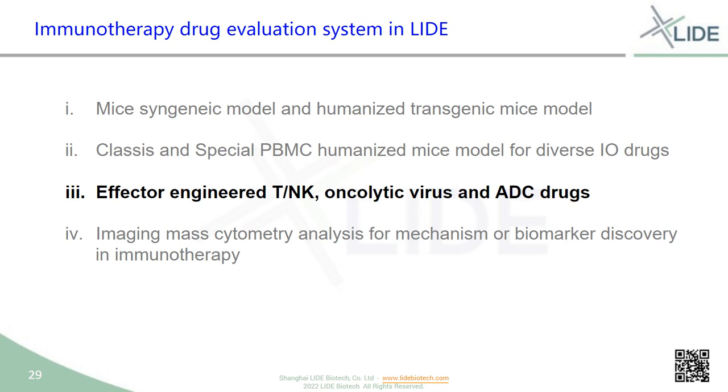Sure. We already have some in vivo assays just by using fresh PBMC humanized models. As I showed previously for antibodies targeting Claudin 18.2, we actually ran a fresh PBMC humanized model, so we proved its nice in vivo function.